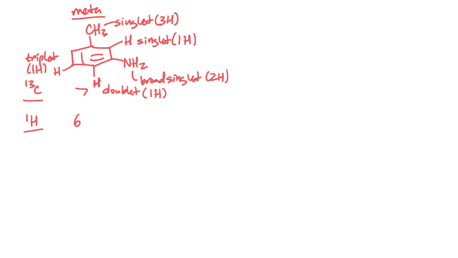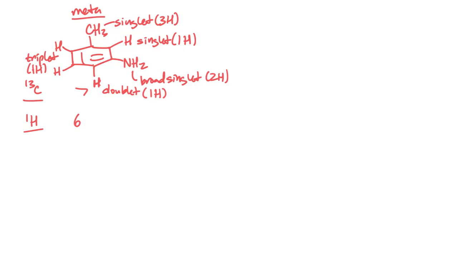The reason that isn't the best approximation is because this last hydrogen, that one and that one are different. And because they are different, the signal may not look like a triplet. If you consider them individually, you have a neighbor here that forms a doublet, and then a neighbor there that forms a doublet. So overall, it could look like a doublet of doublets.